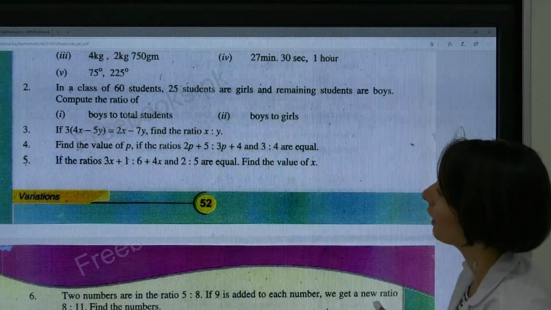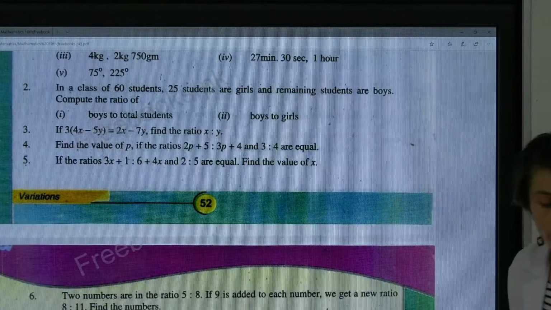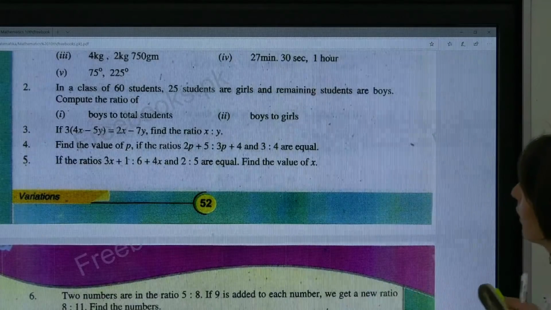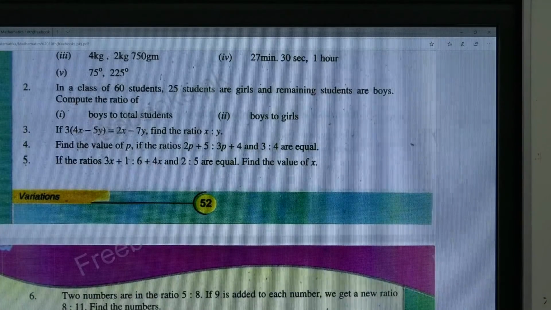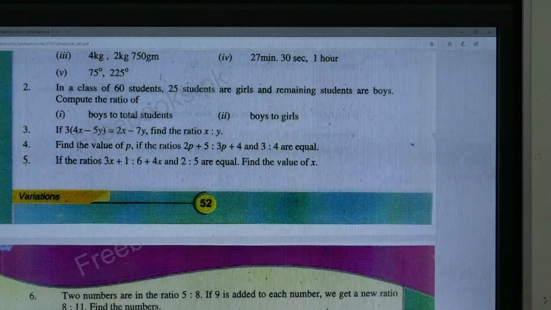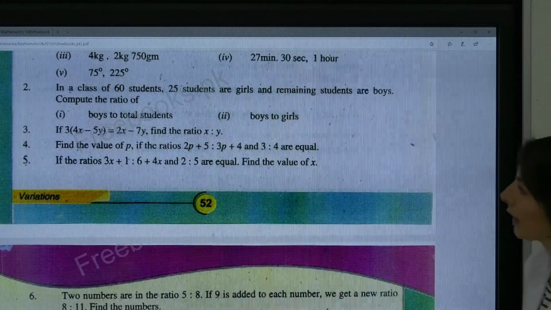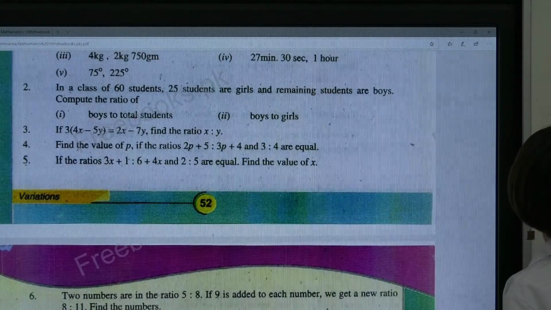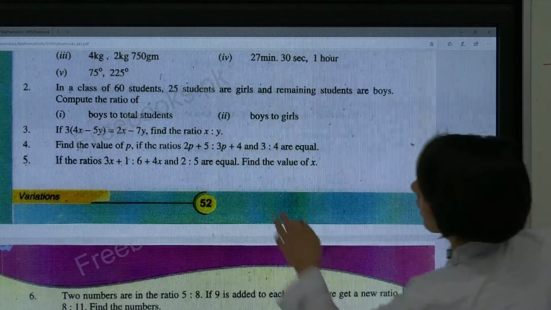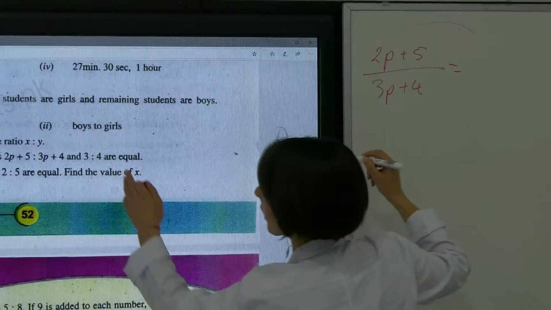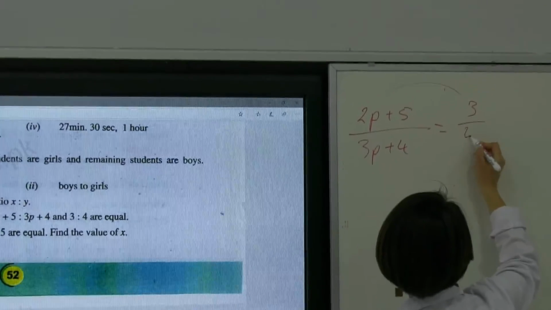So find the value of p if the ratio 2p plus 5 to 3p plus 4 and 3 to 4 are equal. So what I'm going to do, I'm going to write this in fraction. Okay, it's going to be 2p plus 5 over 3p plus 4 equals 3 to 4.